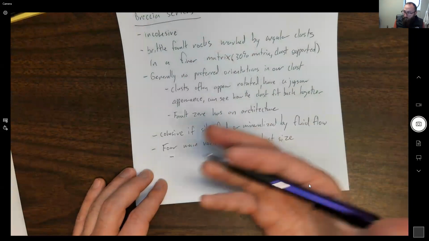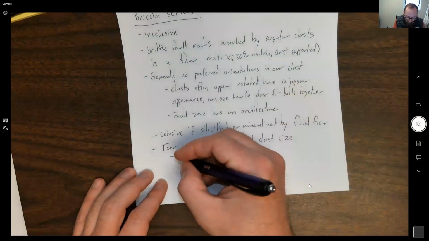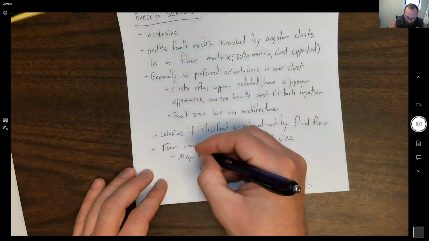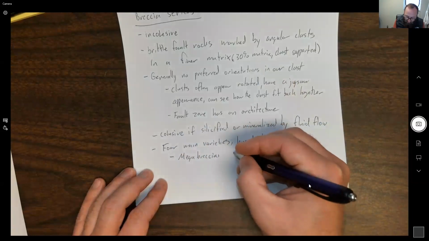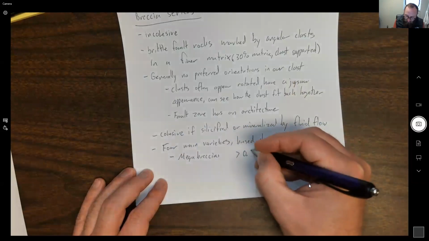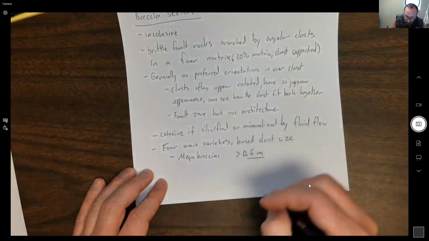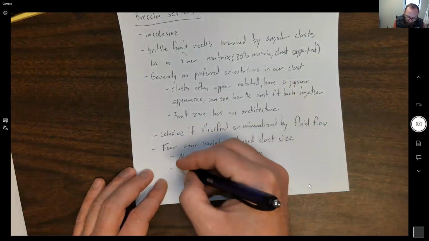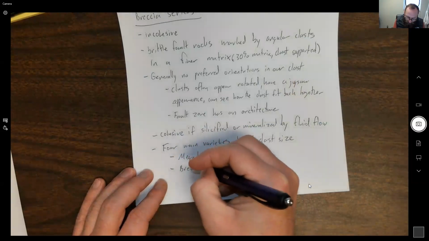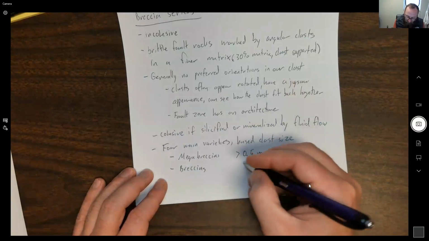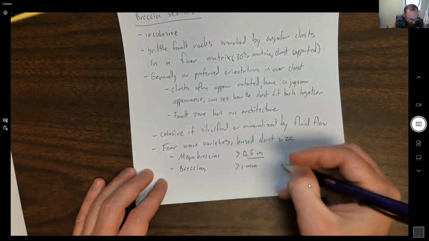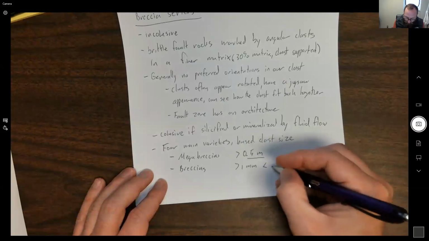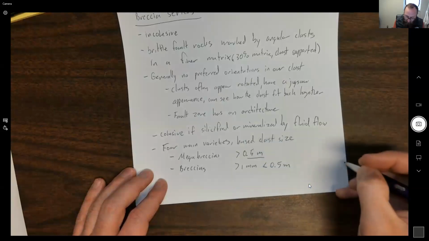So our names of our Breccia series rocks are megabreccias, in which the clast sizes are anything greater than 0.5 meters. Okay, so pretty large. And then just simple breccias, in which our clast sizes are larger than 1 millimeter and smaller than 0.5 meters.